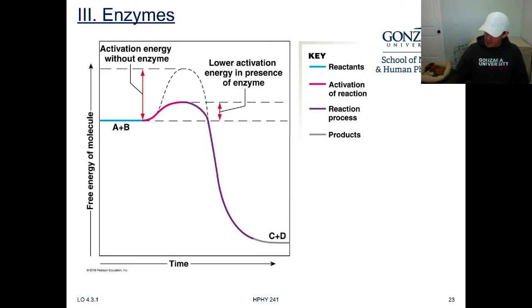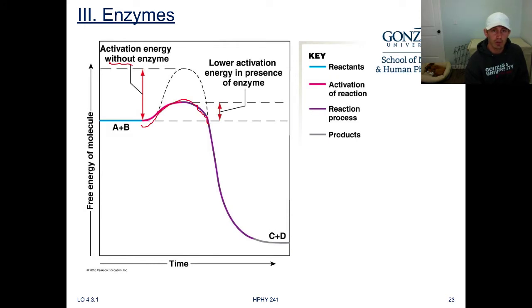All right, looking at this in a graphical format, we're going back to this exergonic reaction here. In the first example we gave, we had this activation energy here, and it was relatively high. And that would have been what it says right here, without the enzyme. But now we've got this reaction here.